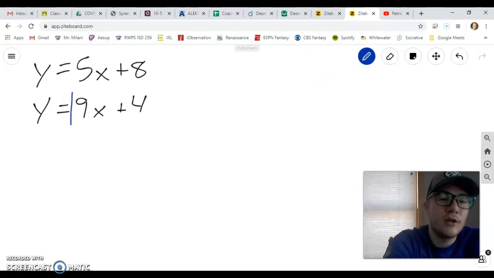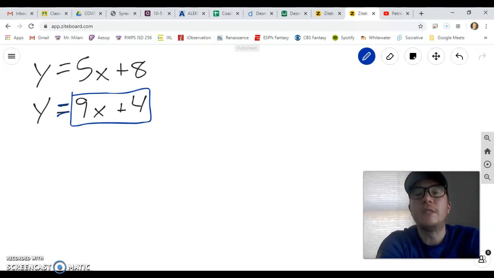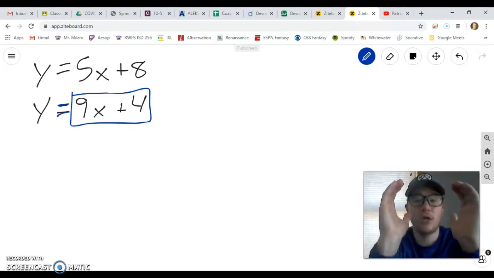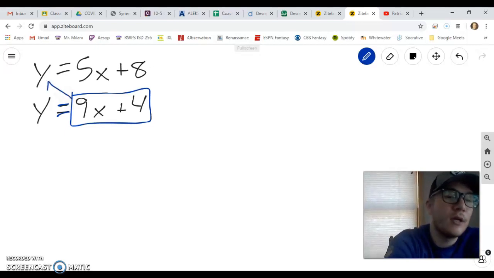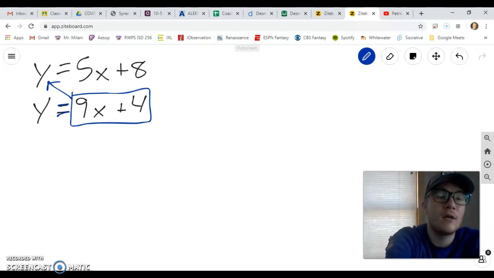So this entire chunk of 9x plus 4 is the same thing as the variable y. 9x plus 4 is equal to y. So I can take that whole chunk and substitute it in for the other y. So now instead of y equals 5x plus 8, I'm going to have this whole piece as my new left side.